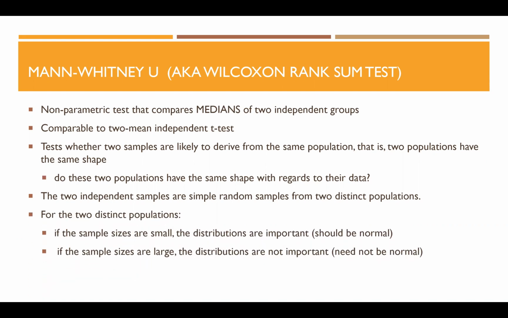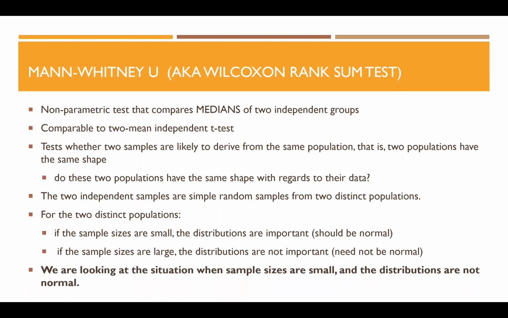And again, if the sample sizes are small, it's important to know, and ideally we want to have normal distributions, but if they're not normal, then again, we can use the Mann-Whitney U. That's really the whole point: if we have a small sample and we don't know that they're normal, then we have to go to the non-parametric test.